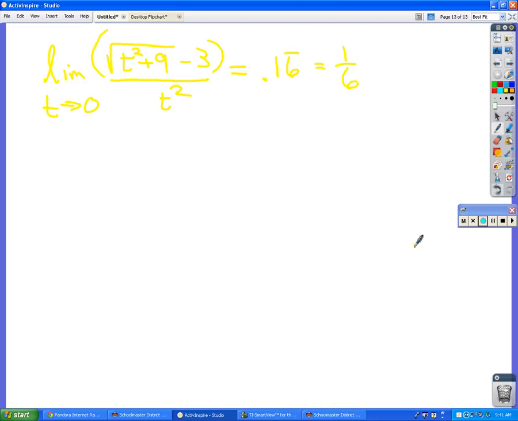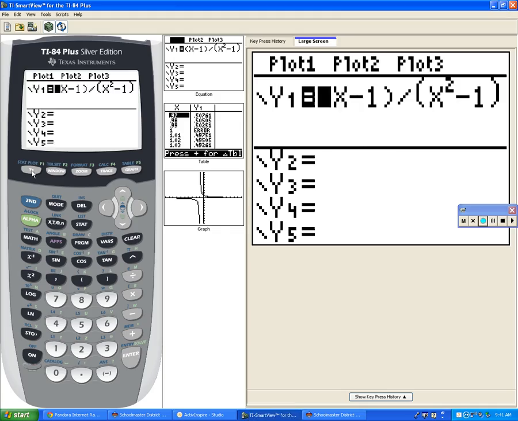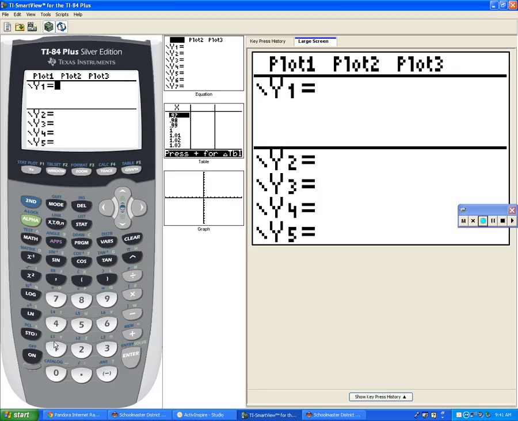Now they want us to notice something about these calculators. Let me catch up to you real quick. So square root of, what was it? X squared plus whatever.